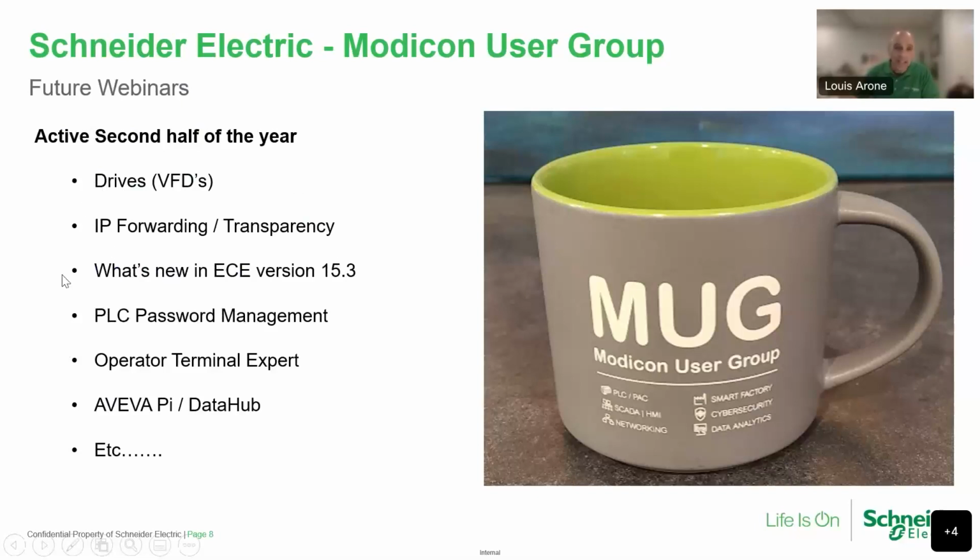What's new in ECE or Control Expert version 15.3? There's a bunch of new stuff that was added. PLC password management, a huge topic when it comes to cybersecurity, and it's about to change radically in what you can do with the PLCs and protect them. So another major topic that's coming up.